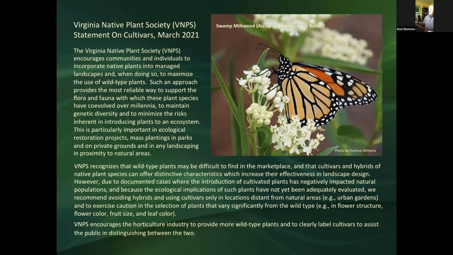This is the recent Virginia Native Plant Society statement on cultivars; last year they put a lot of work into it. That's really a parallel discussion to non-native invasive plants and the best practices in using native plants.